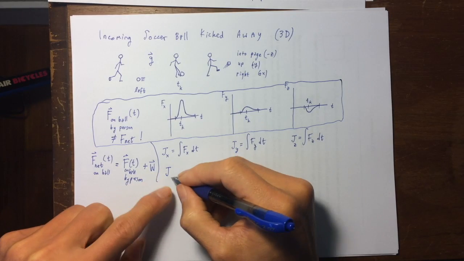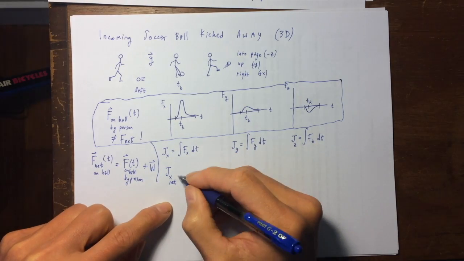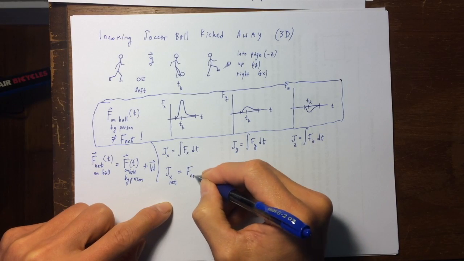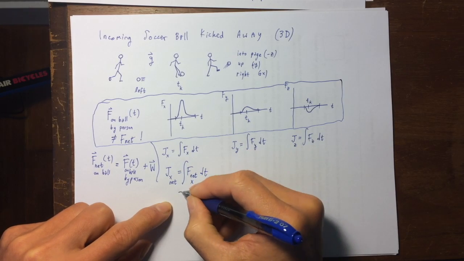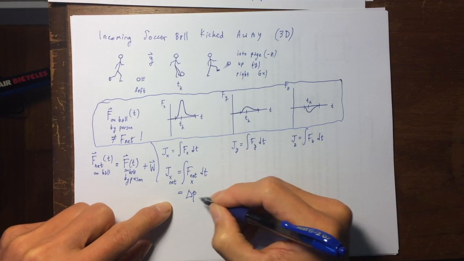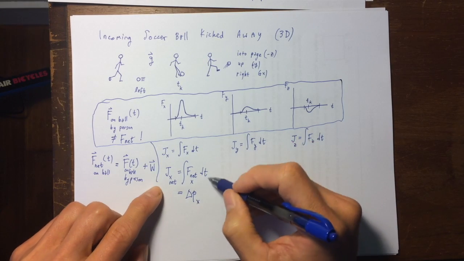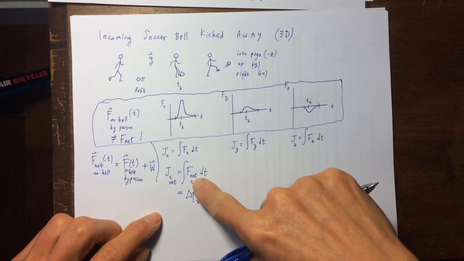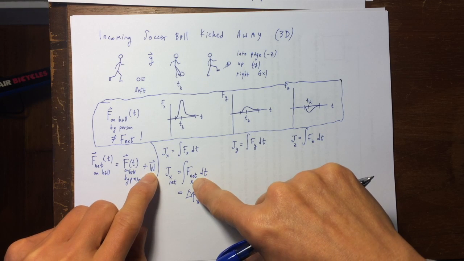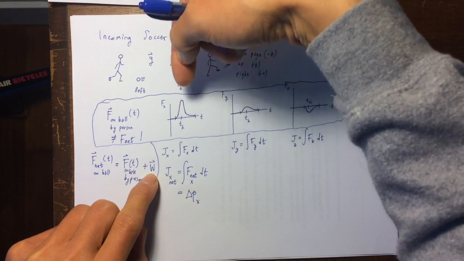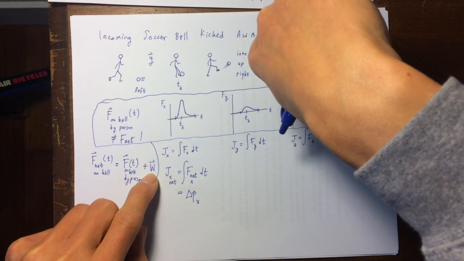So if I want to know Jx net, then I need to use F net in the x direction integrated over time. This is delta P in the x direction. In this case, F net x, W has no x component, right? The weight force is down. The soccer ball is heavy downwards, not in the x direction, not left or right.